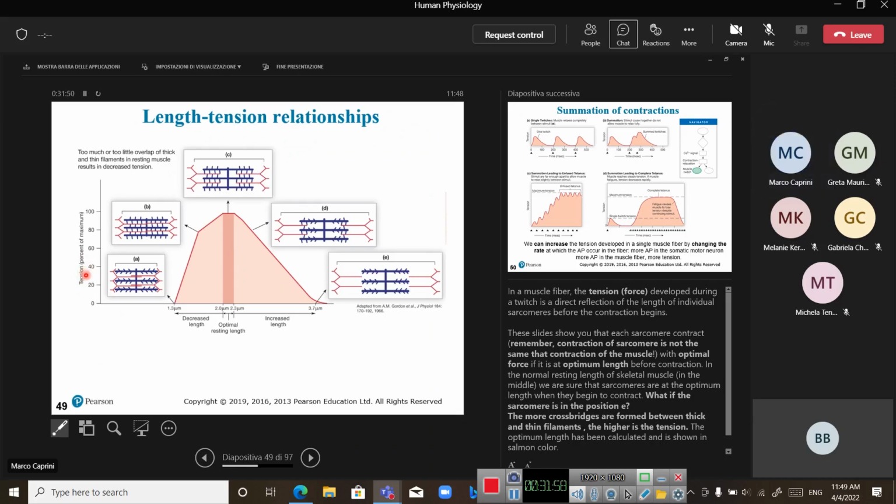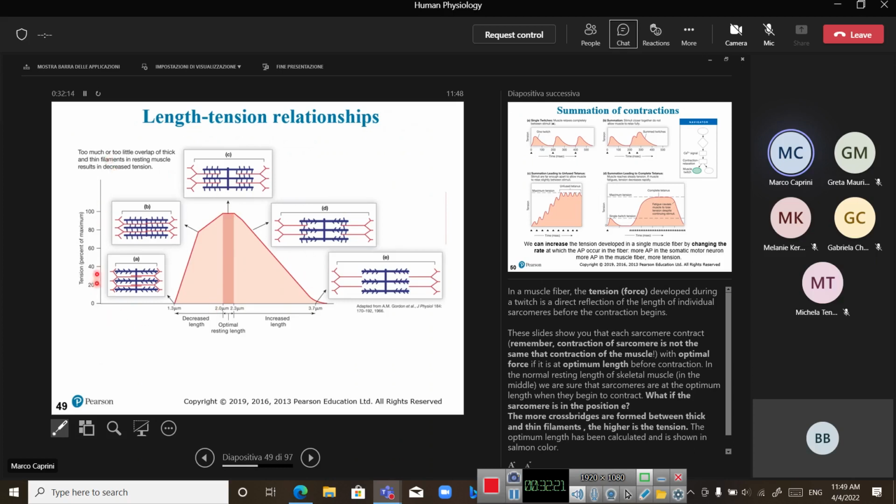And the important point from this graph is that the tension, the force developed during a twitch is a direct reflection of the length of individual sarcomeres before the contraction begins.